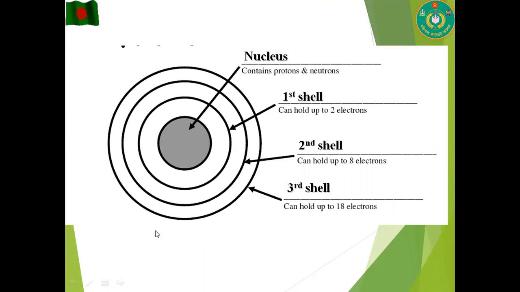Electrons can transit from one energy level to another by absorbing energy, from a lower energy level to a higher energy level. By releasing energy, they go back to the original state. This energy shows spectra.